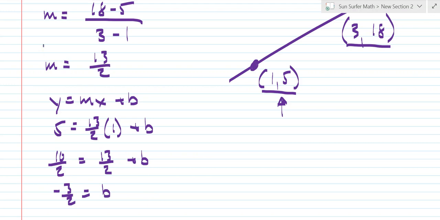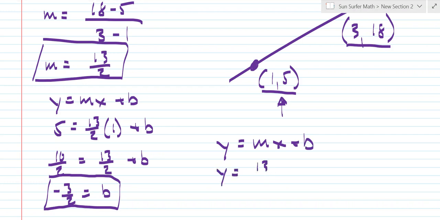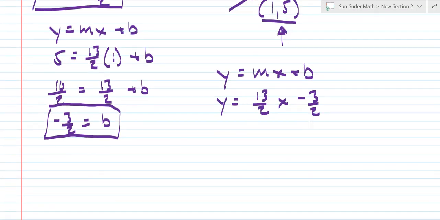So now we know the slope, and now we know the y-intercept. We can now put that together in the form y equals mx plus b and get the linear equation. Y is equal to 13 halves x minus 3 halves. Now, quite often in a calculus class, you're going to see your linear equations written in functional notation.